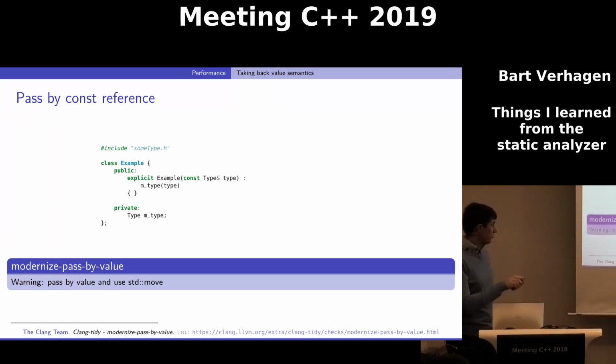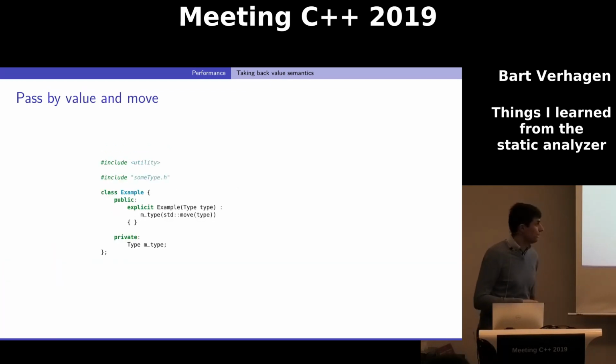So the static code analyzer warns for this, and we can fix it by requiring it to be passed by value, and then moving the type. Of course, this is only a good solution if move is cheap, otherwise it can get more expensive.